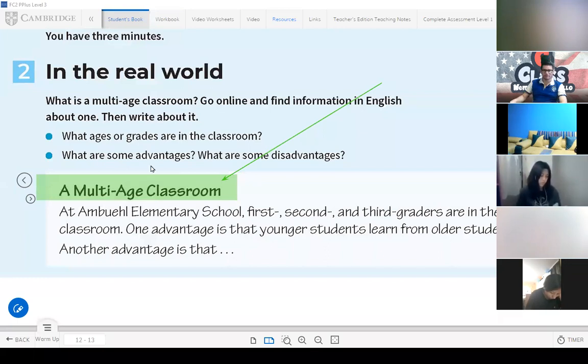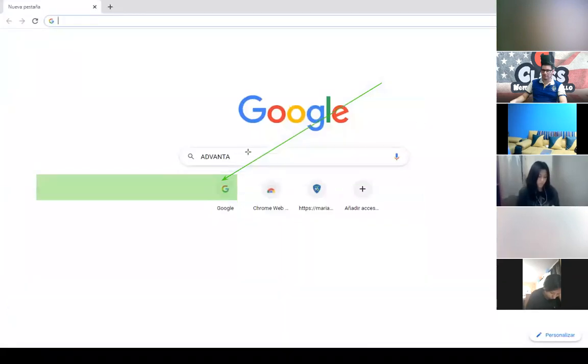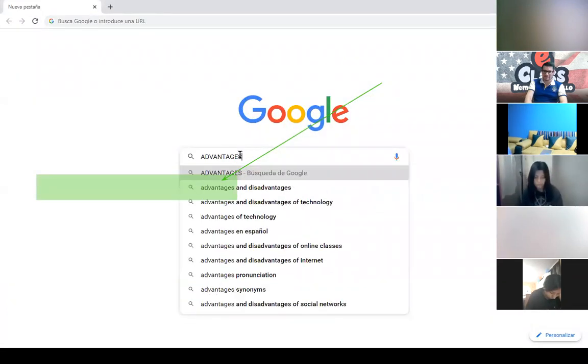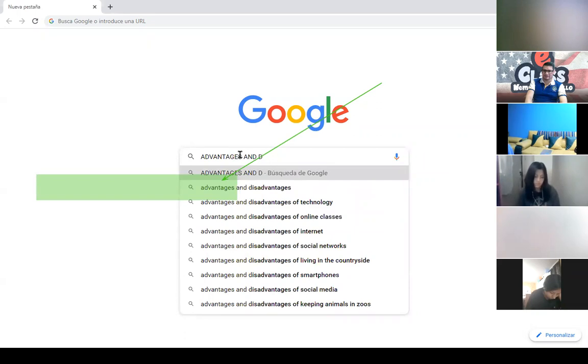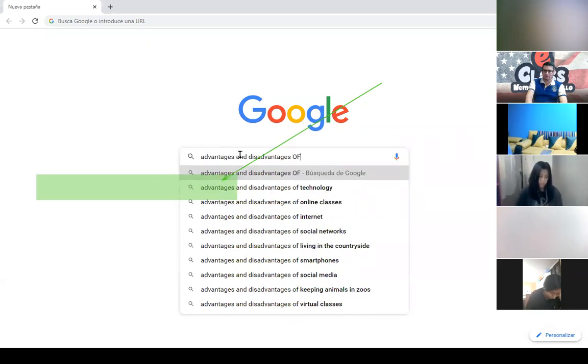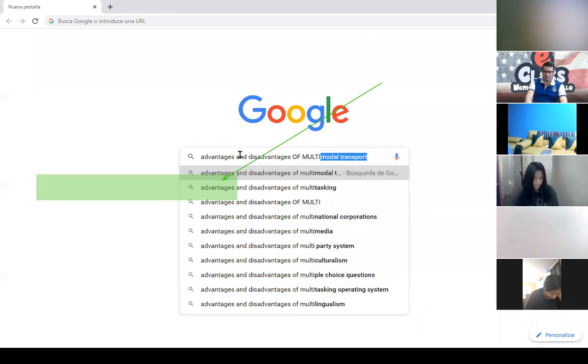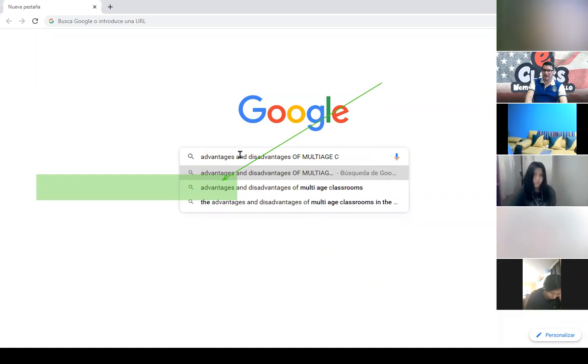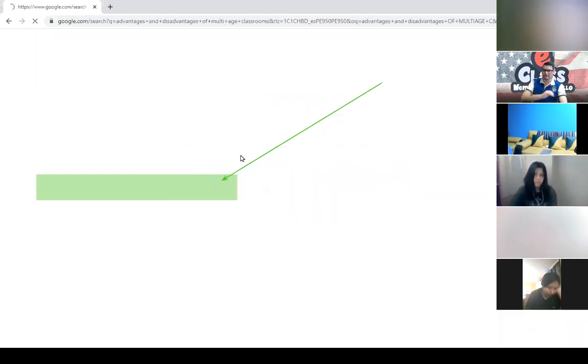¿Ya? Vamos a poner así, advantages. Ok, I'm gonna write here. Ya los voy a poner aquí. Vas a escribir advantages and disadvantages of multi-age classroom. Ok, ahí está.